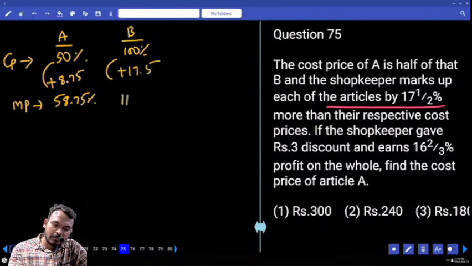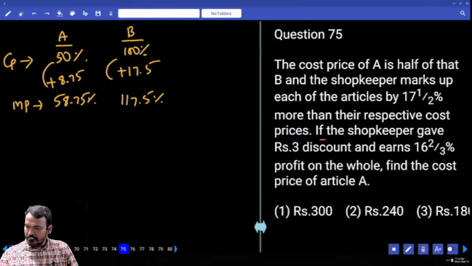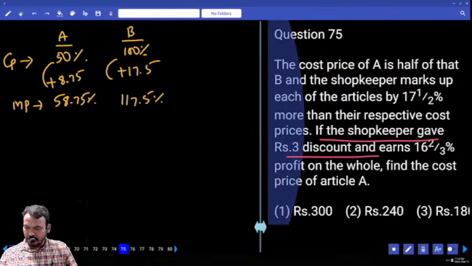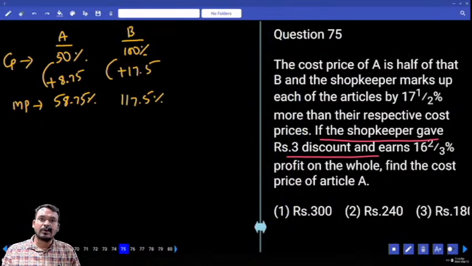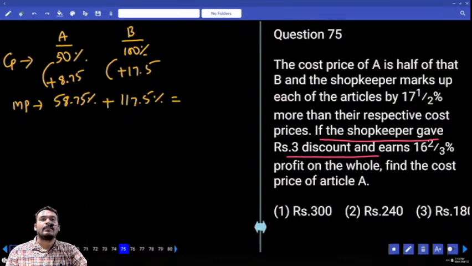What is that second one? Market price 117.5%. And one more, if the shopkeeper gave 3 rupees discount, what is the total market price?